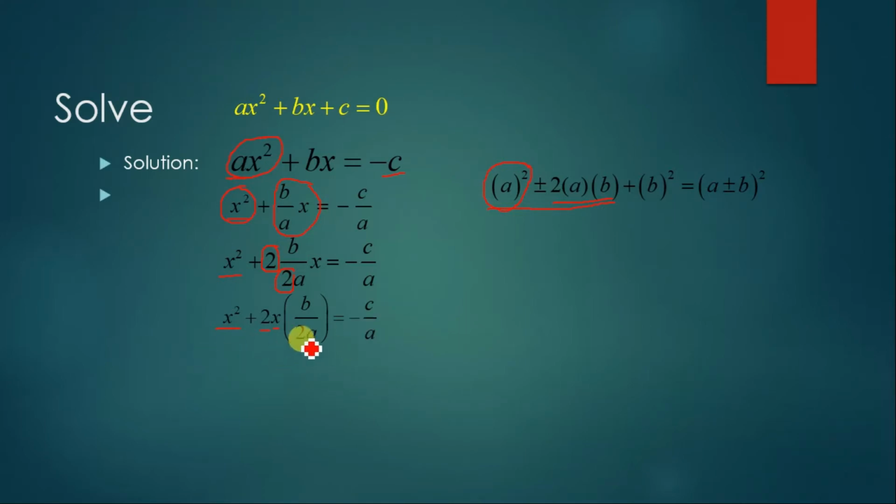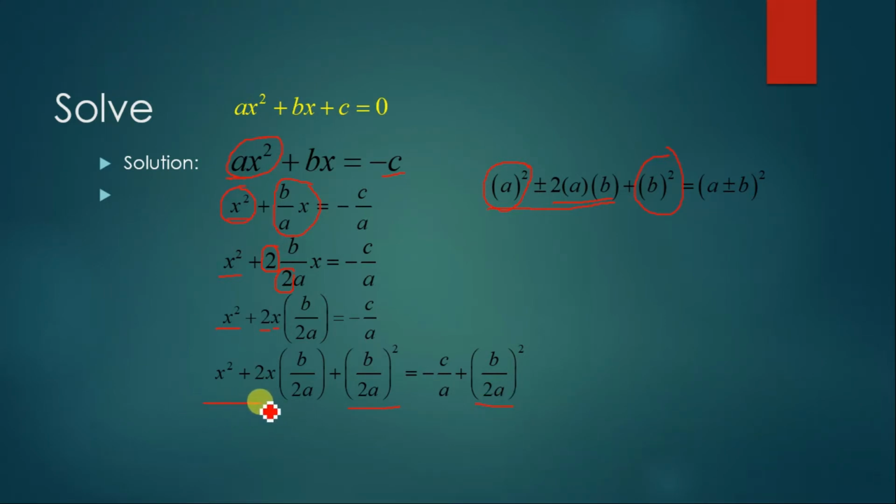Now I need another square, that is, the square of b, which is the square of b upon 2a, and for that purpose I have to add b upon 2a squared on both sides. So I have added b upon 2a squared on this side as well as on this side.